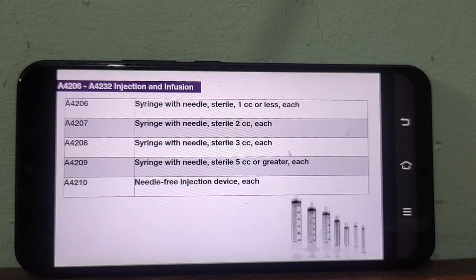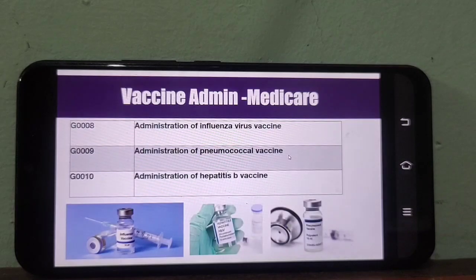So these are the code section for injection and infusion. And for administration codes, we already discussed the same in the medicine section also. In the medicine chapter, they also explained the administration codes, the route of administration.